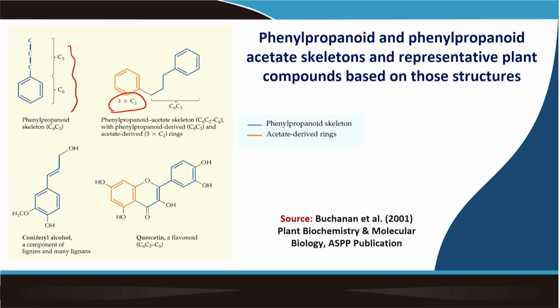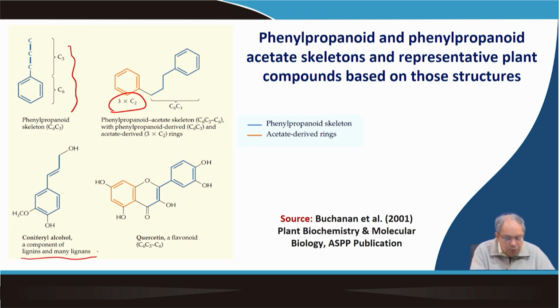This acetate skeleton comes from the malonyl acetyl derivatives, and eventually it forms different phenolic compounds like the flavonoids, where it is required, like anthocyanins. There the role of this acetate skeleton is important. And this is coniferyl alcohol, which is a major constituent of the lignin components.